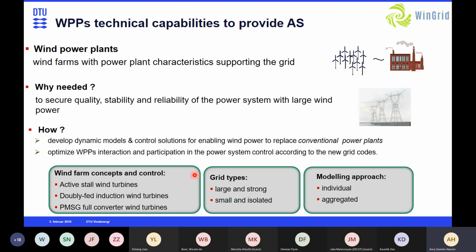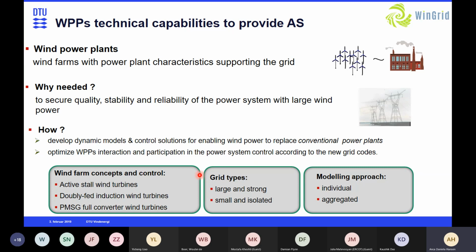The models, typically working in the time frame from milliseconds to minutes, have been applied to simulate the behavior of wind farm controllers whenever the wind farm is connected to large and strong grids, but also to small and isolated grids.